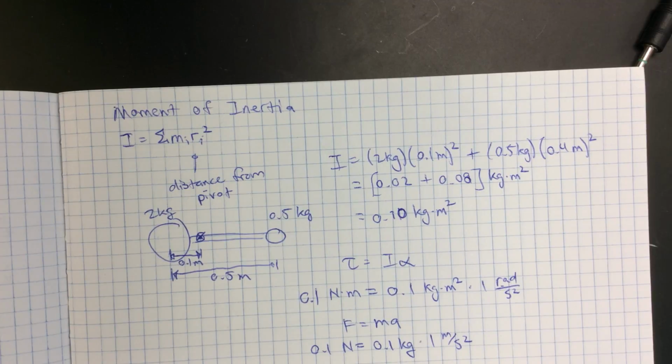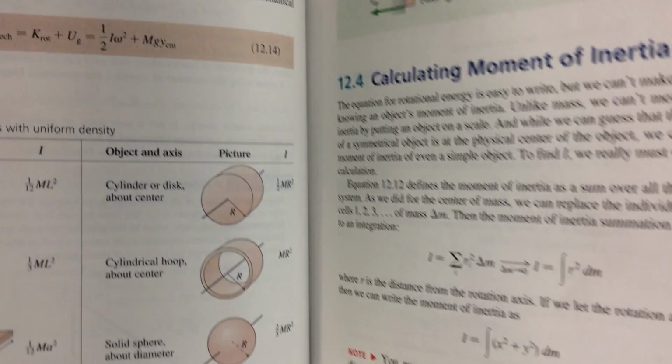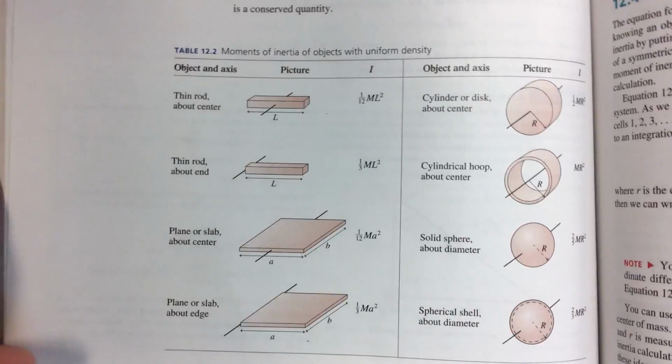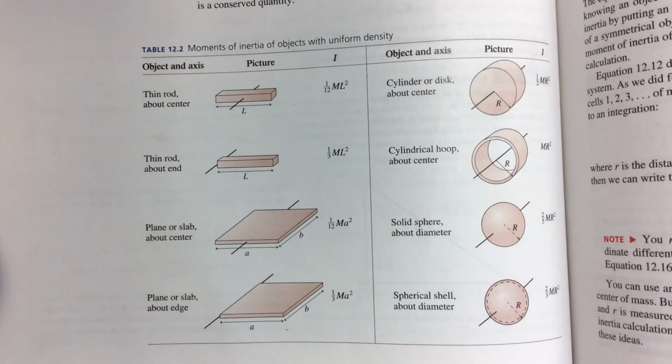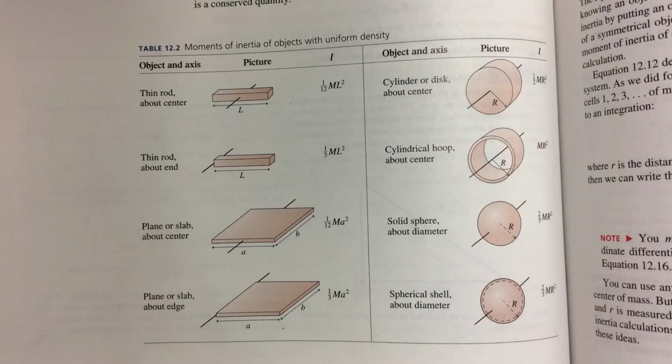Okay, so we'll come back to calculating more complex ones of this, but I want to show you what they have in the book. In the book, they have a list of these pre-calculated shapes. I just want to approach this conceptually.